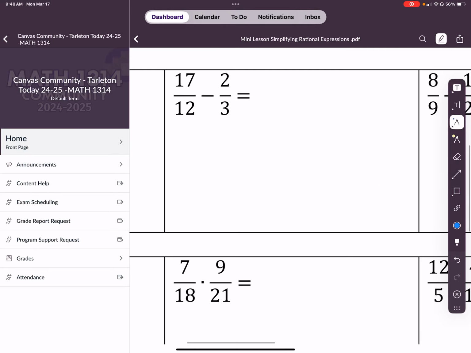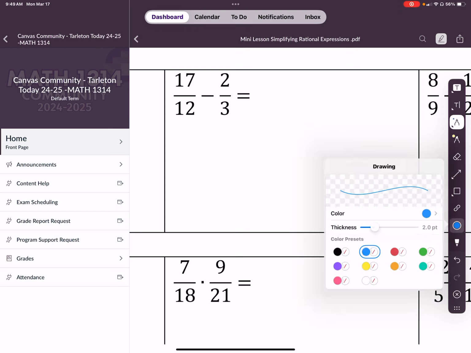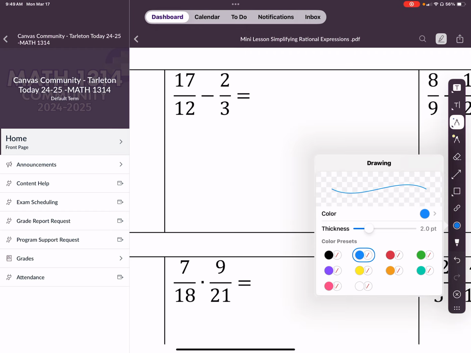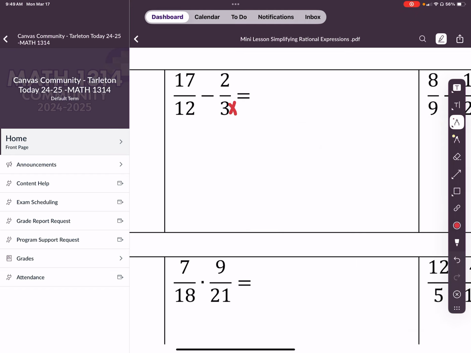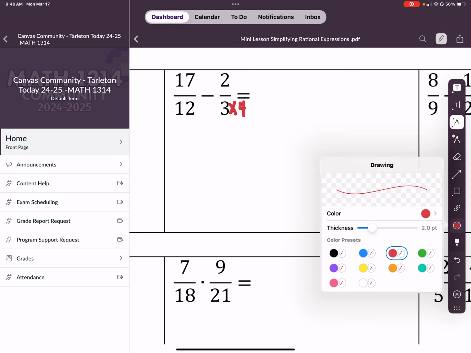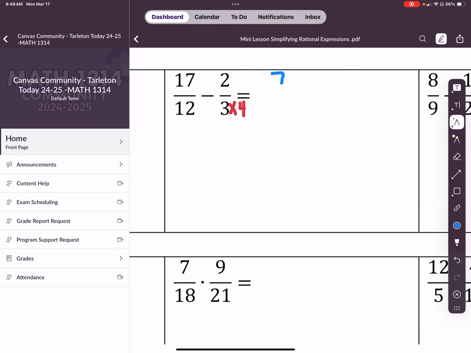All right, moving over here to our second example, we have 17 over 12 minus 2 over 3. They don't have common denominators right now, but I know that 3 can go into 12. So I can multiply 3 by 4 to give me a 12, and then I will have common denominators, okay? So I have 17 over 12 minus something over 12.